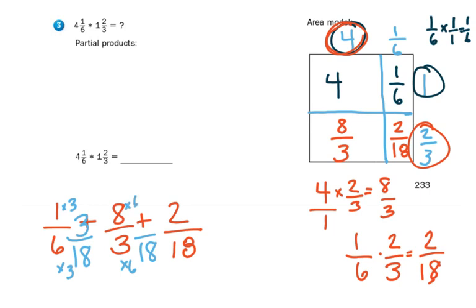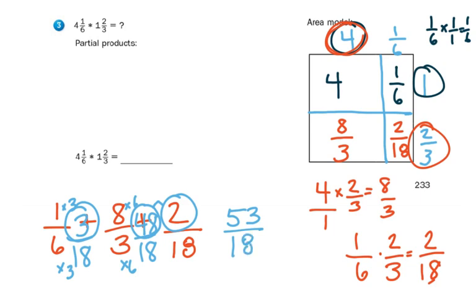Multiply the top by 6. And I get 48/18 and 2/18. I don't need to change. So now all I have to do is add these together. 48 plus 2 gives me 50. Plus 3 more is 53/18.